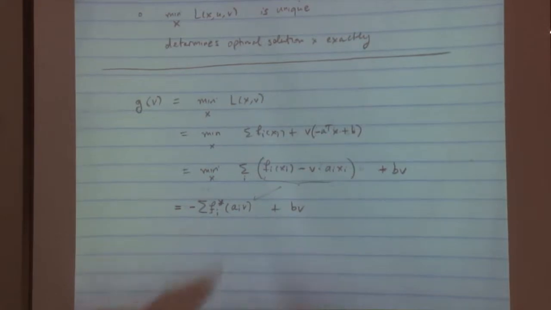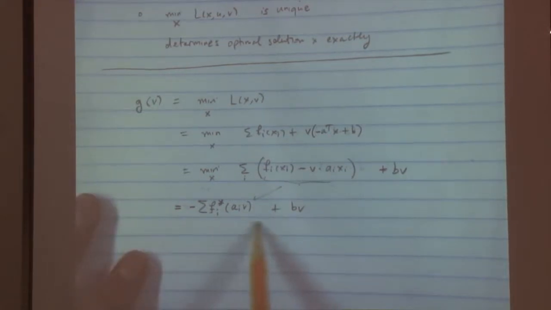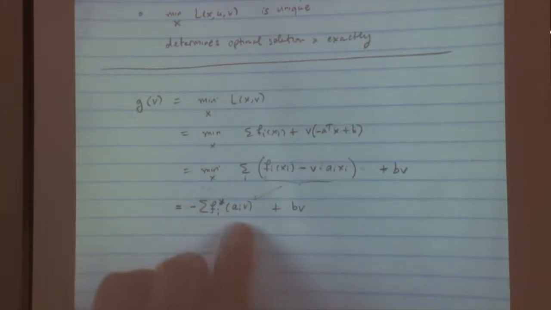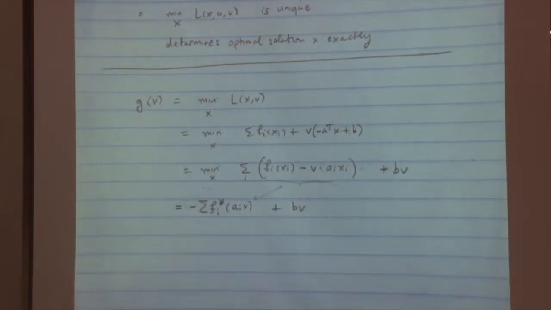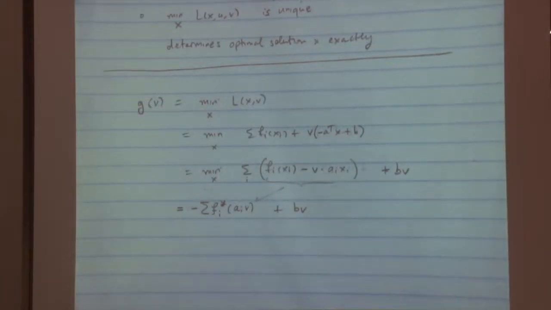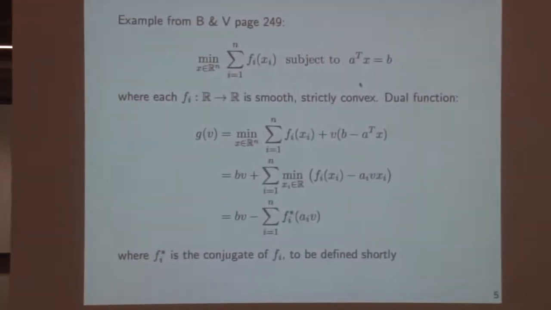And the dual problem now is to maximize the sum of fi star of ai times v plus bv. First of all, there's only one variable, v, so that makes it easier. Second of all, we've gotten rid of this complicating constraint in the primal. We've decoupled it.